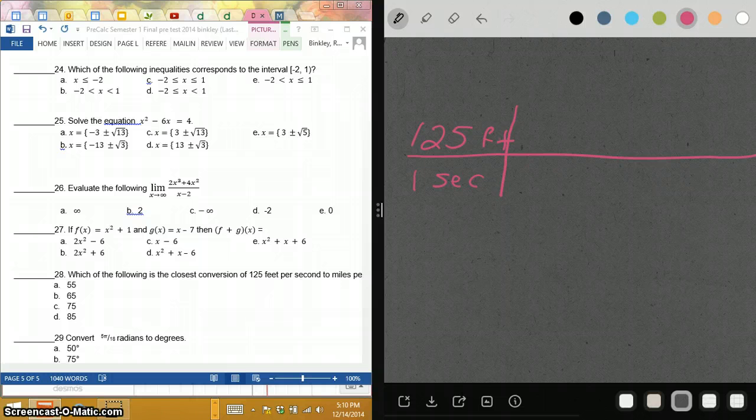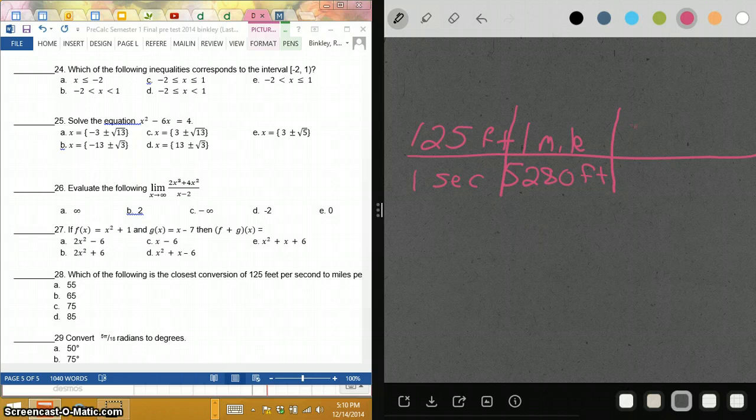Okay, and I know that there are, let's do feet first into miles. So I know there are, because I live in Colorado, 5280 feet in 1 mile. It's got to be catty corner to it to cancel it out. And I'm going to leave that alone since miles is what I want. And let's go ahead with seconds.